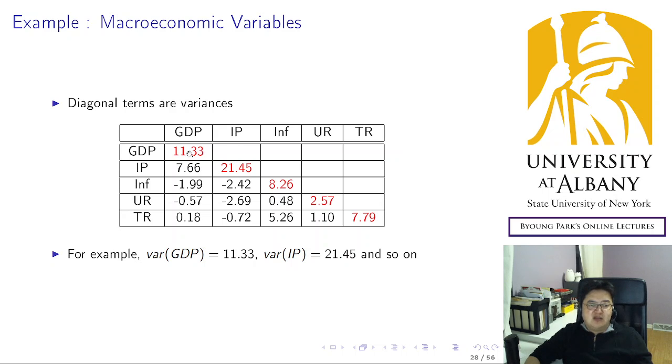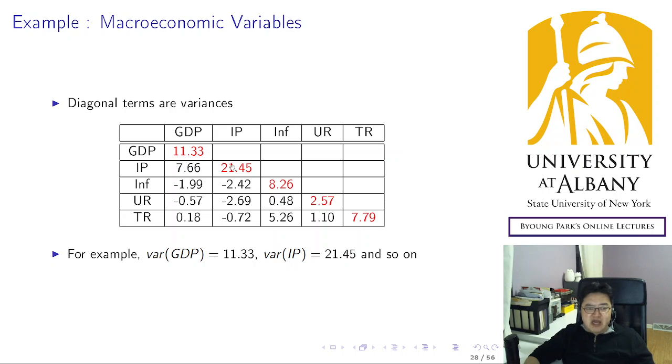Let me explain the diagonal first. If you choose one entry, you can think of it as an intersection of two variables. So for example, 11.33 is the covariance. It is a covariance matrix. It is the covariance between GDP and GDP, which is simply the variance of GDP, right?